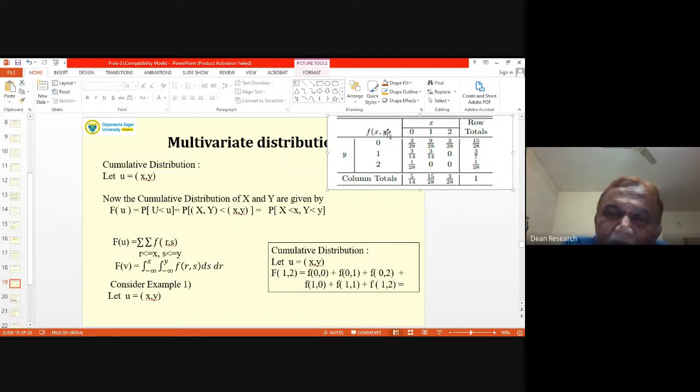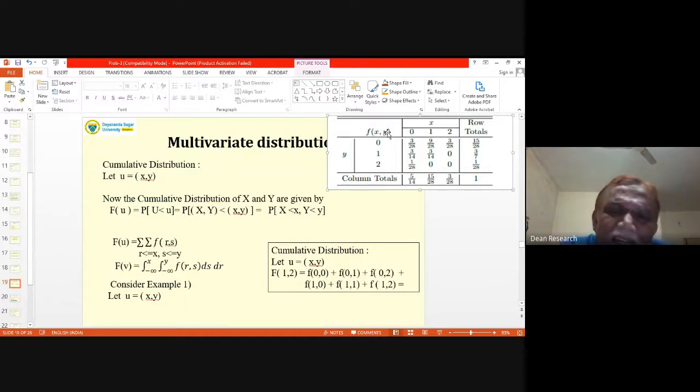F of u. I have given everything here so that there is no confusion. What is that? That means the probability that capital U is less than small u. What is capital U?